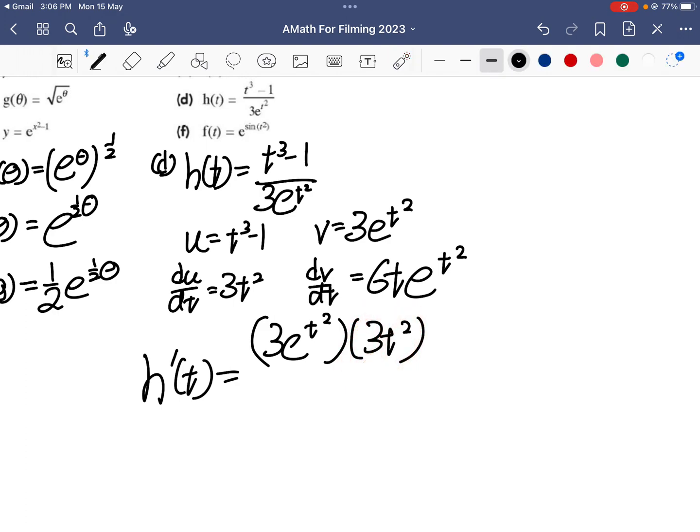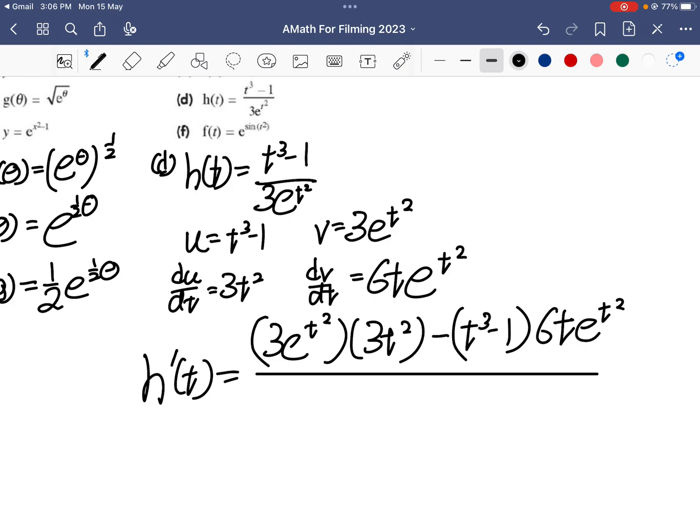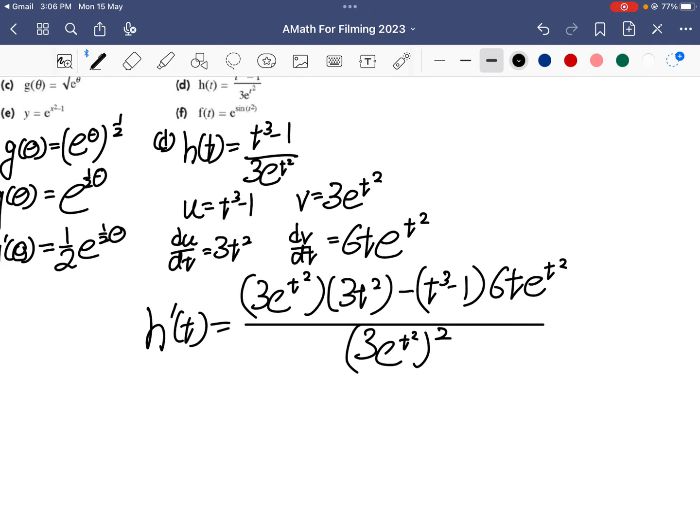So be very careful with that. So v du dt minus u, don't forget the brackets here, times dv dt, over v squared. So v squared is 3e to the power of t squared, squared.